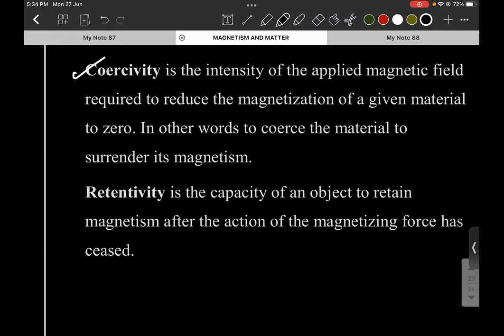It is the capacity of an object to retain magnetism after the action of the magnetizing force has ceased. Is it clear till this point?